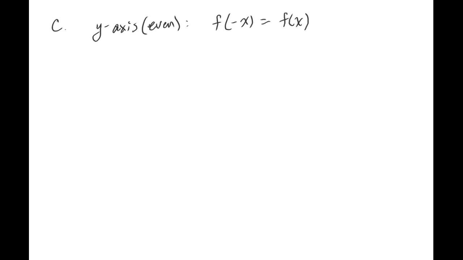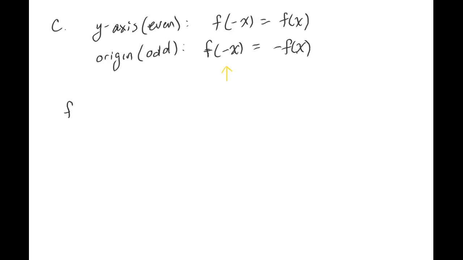If the graph is symmetric about the origin, i.e. if it is an odd function, then if I evaluate the function f at negative x, I get negative f of x, the opposite of the function. It looks to me as if both of them will require me to evaluate the function f at negative x. So maybe I start with that.